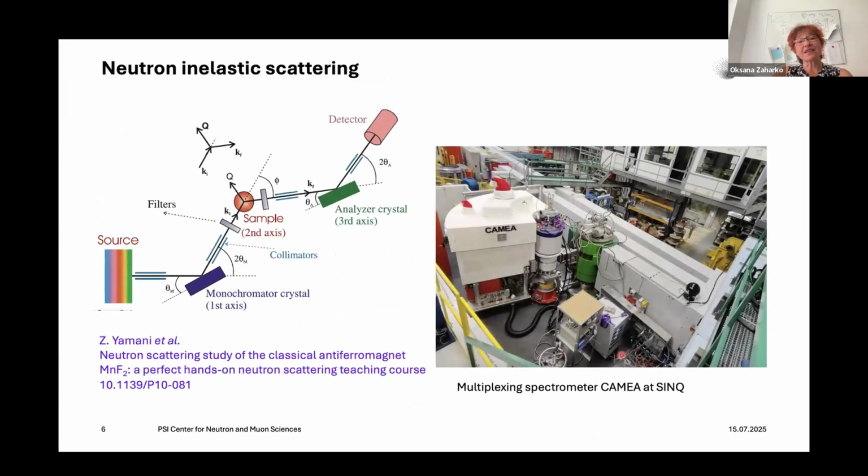Right. Besides elastic scattering, or diffraction as people sometimes name it, you can also use neutrons in the inelastic channel, meaning that you are changing not only the momentum of where the neutron flies while interacting with matter, but you also measure the change in energy. And though 99% of neutrons will be elastically scattered, there will be some which are inelastically scattered.